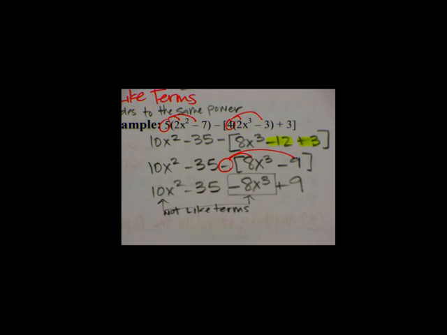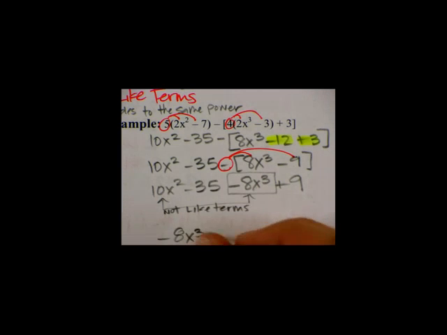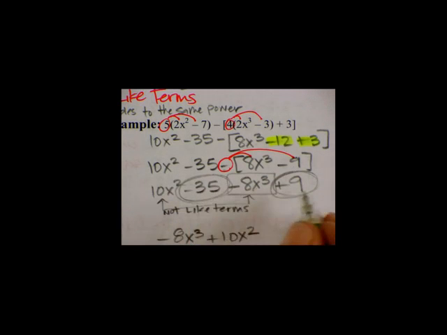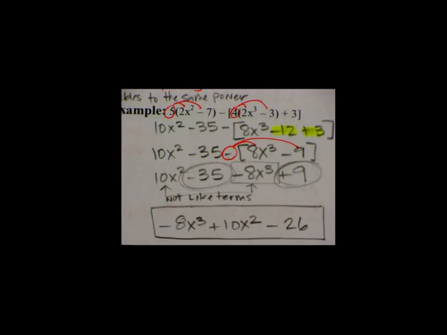These two are not like terms. I cannot combine them because the exponents are different. So it's going to be negative 8x cubed. I can't combine it with the positive 10x squared, but I can put the negative 35 and the positive 9 together. These guys are like terms. And when I combine those, I get negative 26. Woo! All right.